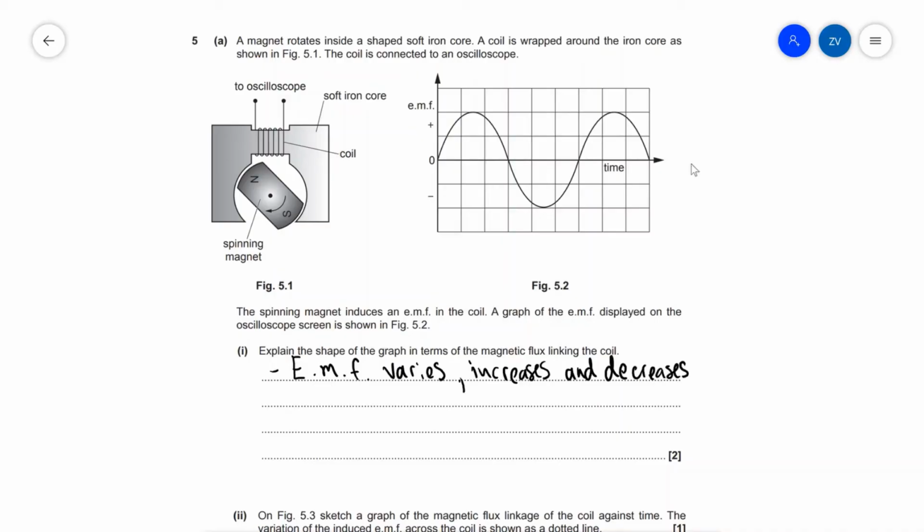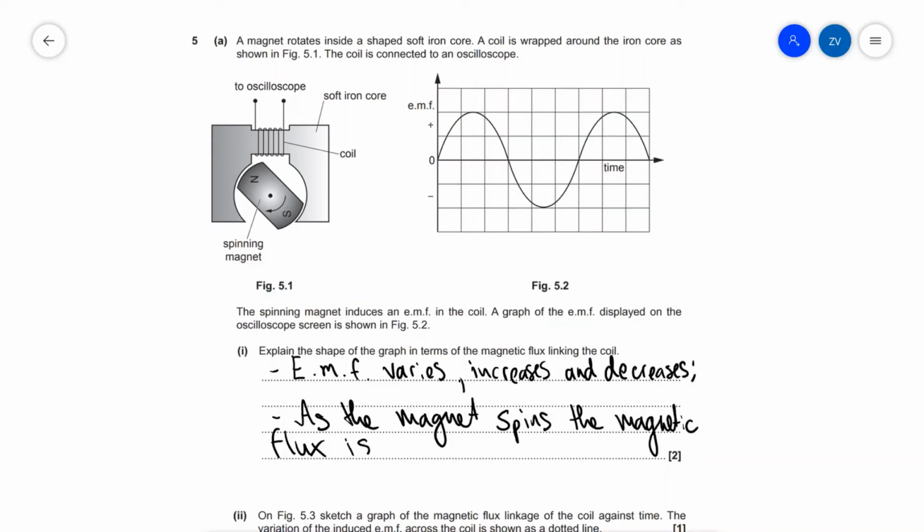Now the reason for that is because as the spinning magnet is rotating, the magnetic flux is actually changing. So as the magnet spins, the magnetic flux is changing.